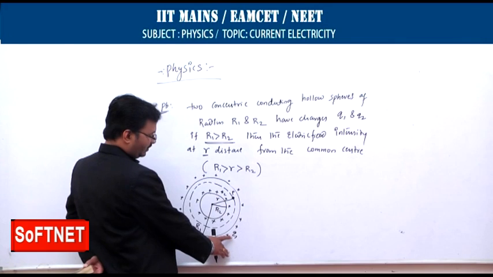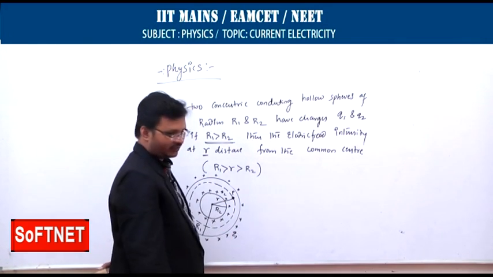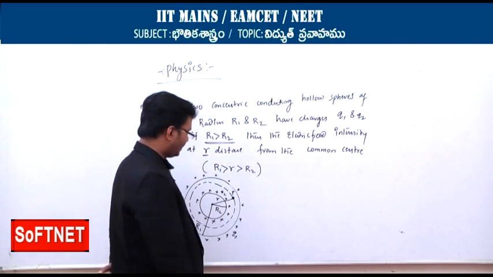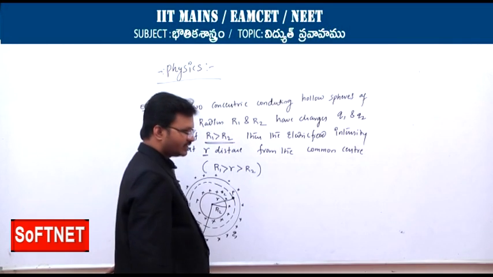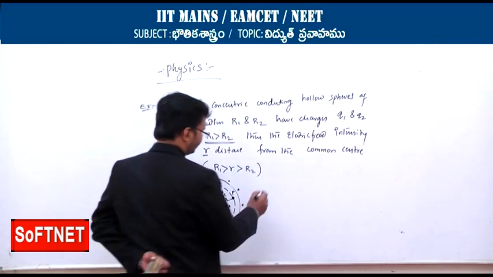So, already we know that inside a sphere there is no charge effect. So, due to this one the electric field is 0, and the other one has an electric field that we need to find out. What is that?